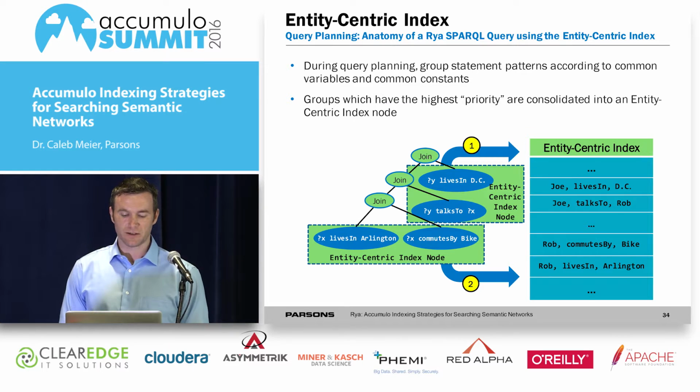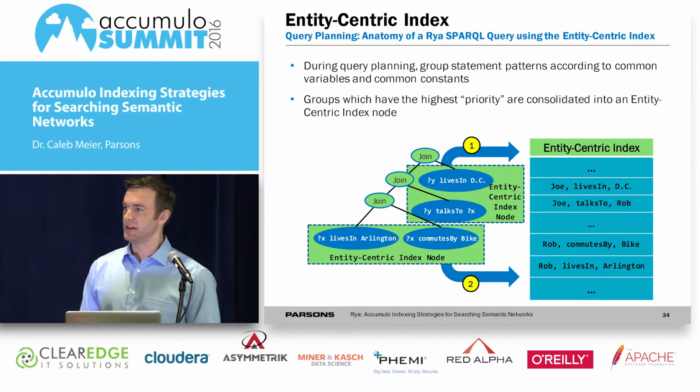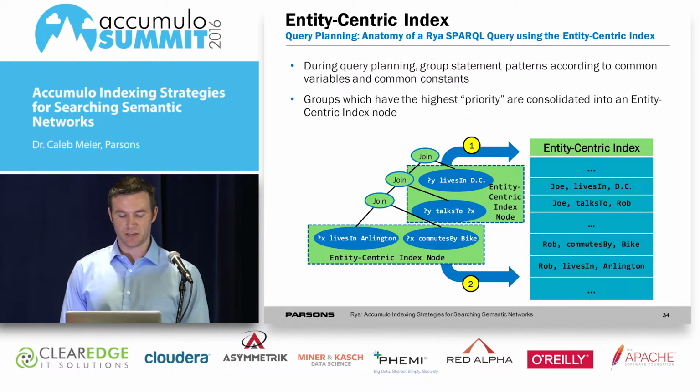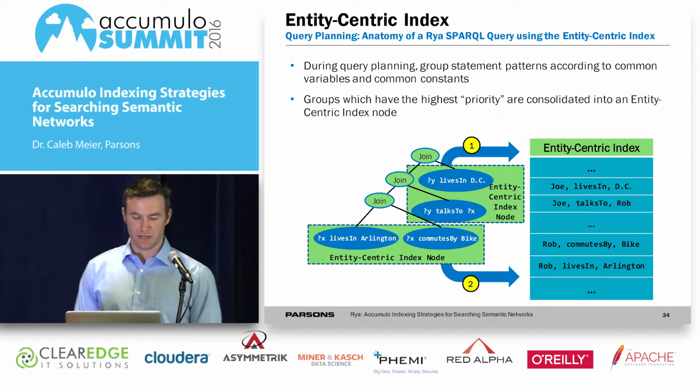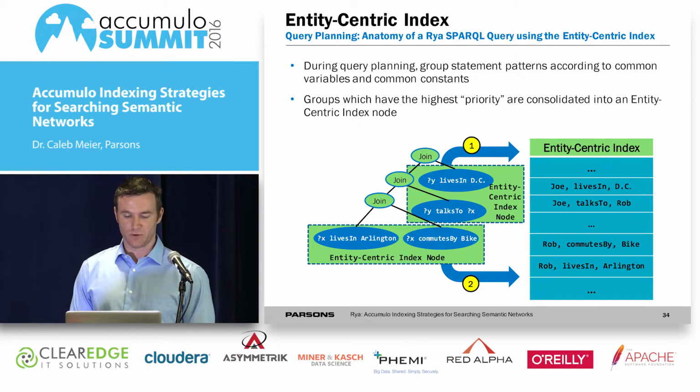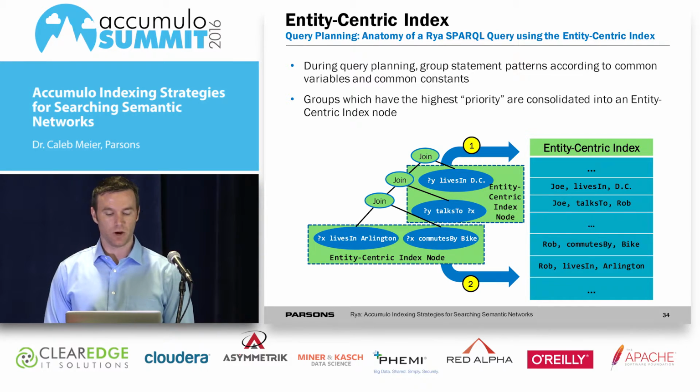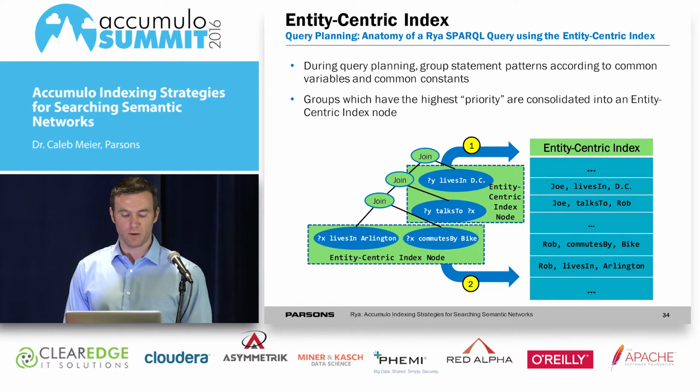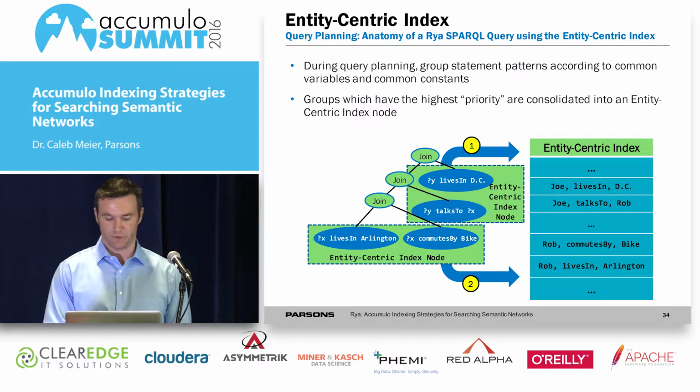We combine those into an entity-centric index node, and we delegate those to the entity-centric index. So in this case, we have 2 bins of 2, and we bin those up into entity-centric index nodes, reducing our query to one with only one client-side join, but there are still joins going on on the server.